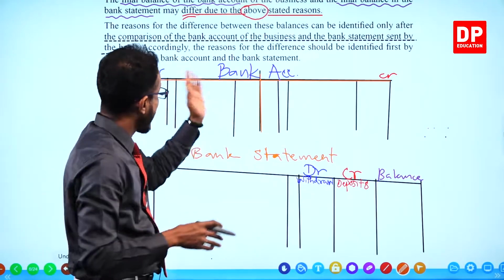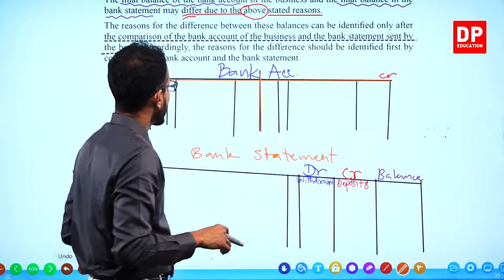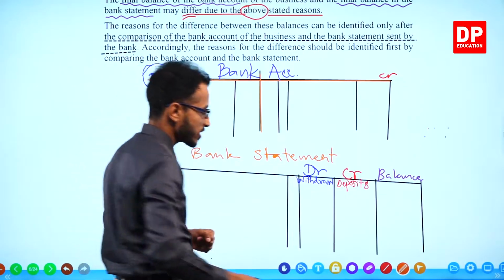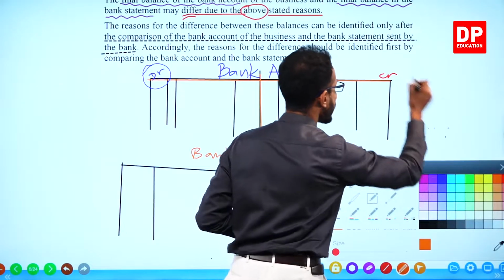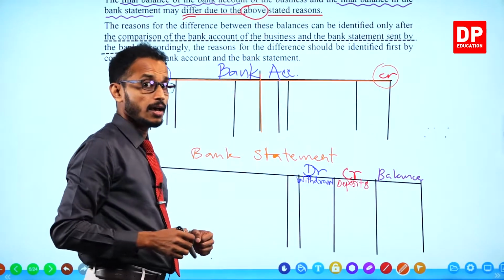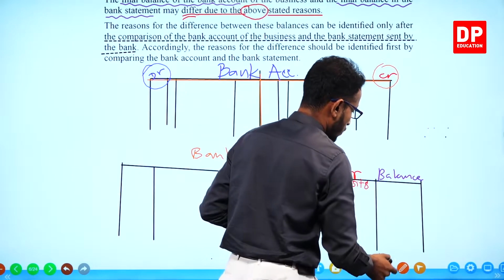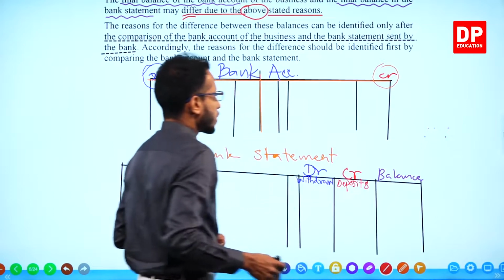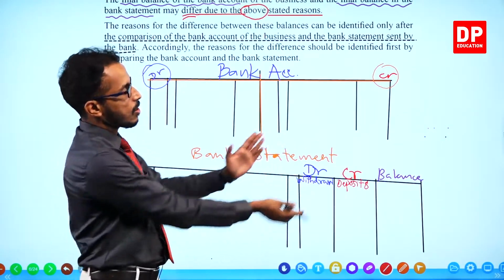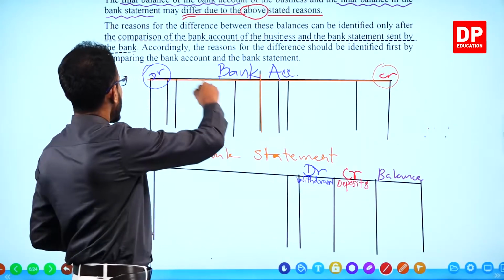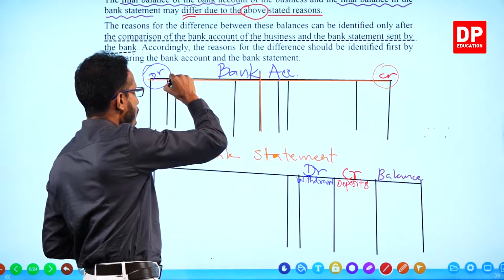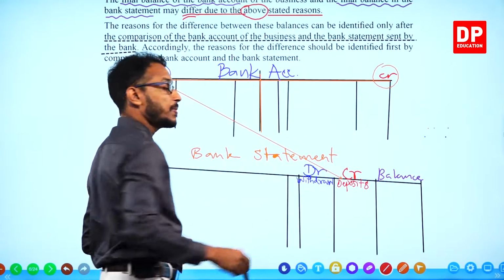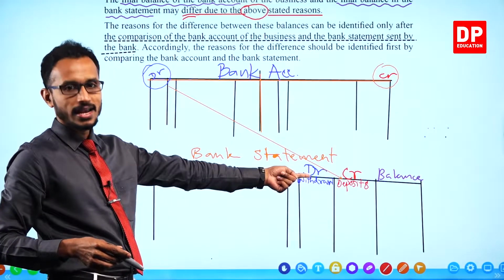Unlike in our bank account where the debit side is for deposits and the credit side is for withdrawals, in the bank statement, children, the sides are the opposite. So the debit side of our bank account should be compared with the credit side of the bank statement.